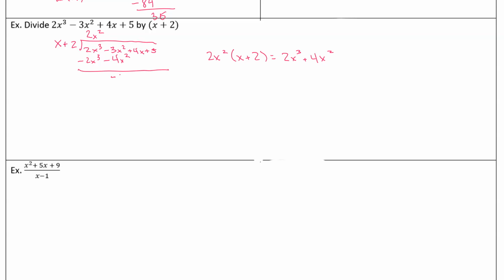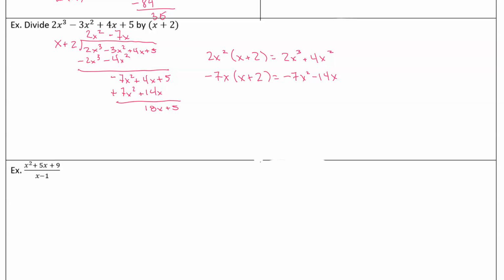When you do that, you're going to get negative 7x squared plus 4x plus 5. Then we say x times what equals negative 7x squared? That'll be negative 7x. We distribute that to our divisor. So we subtract that. We end up with 18x plus 5.